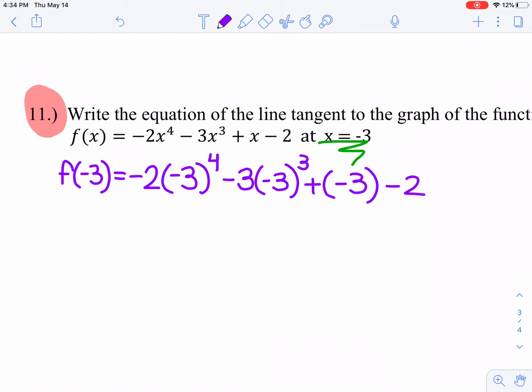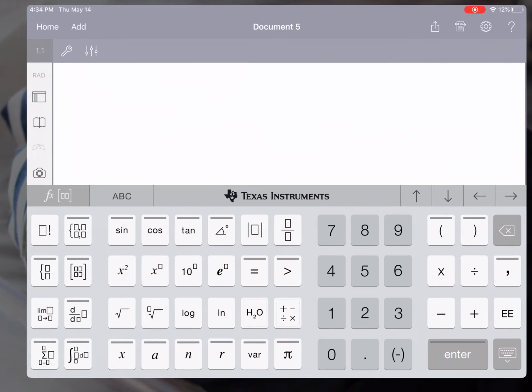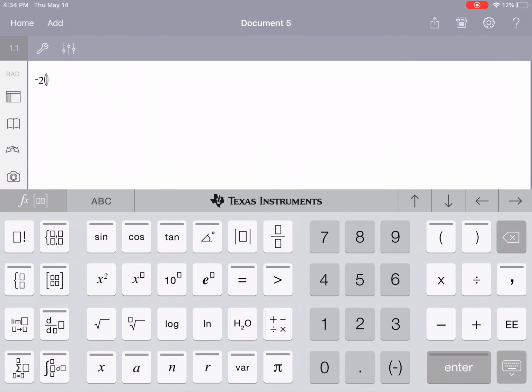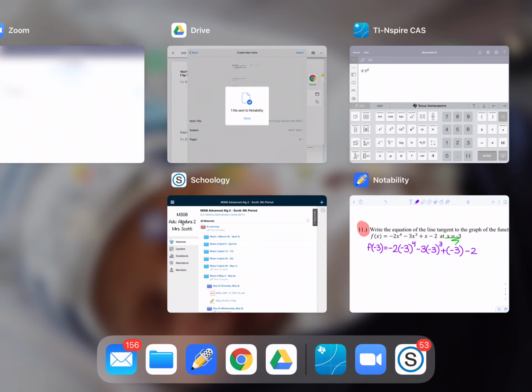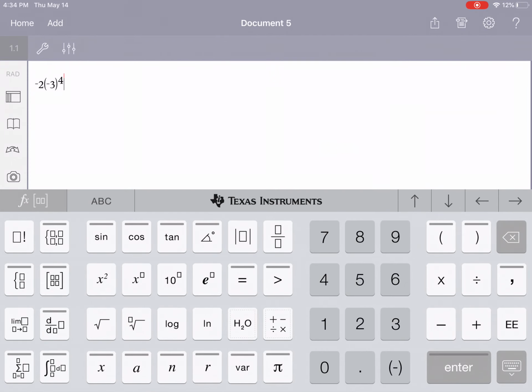So I'm going to type in negative 2 parentheses negative 3 raised to the 4th power. So I'm just typing it in exactly the way I see it. Minus 3 parentheses negative 3. Oopsies. Let me back that up. Okay, so how do I delete on this? There we go.